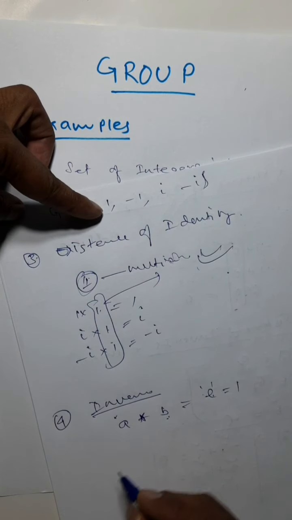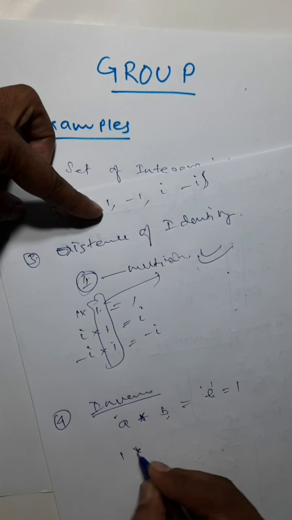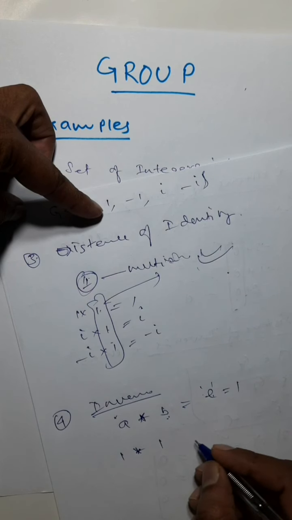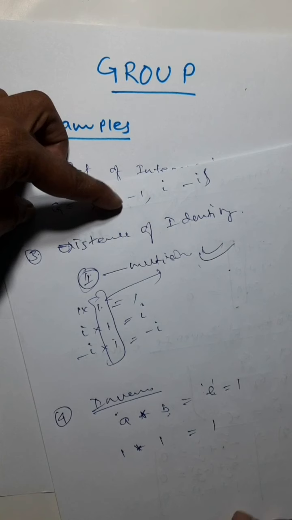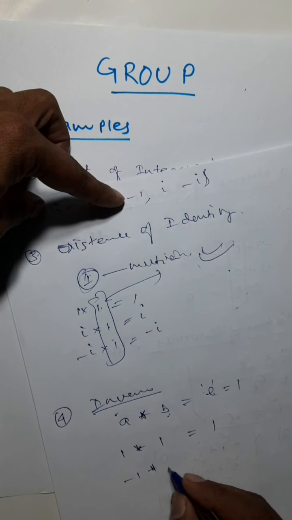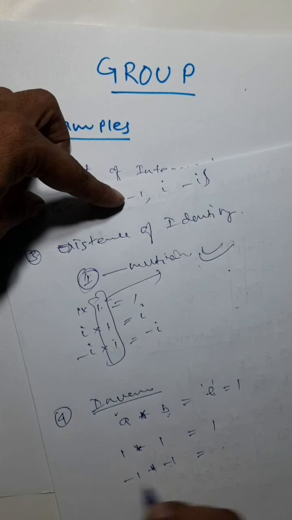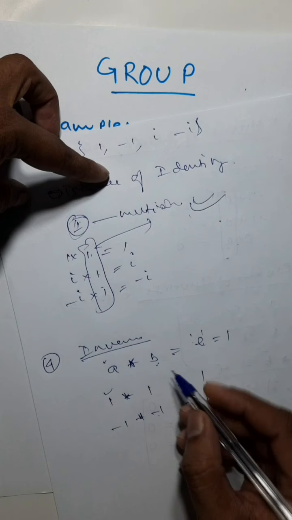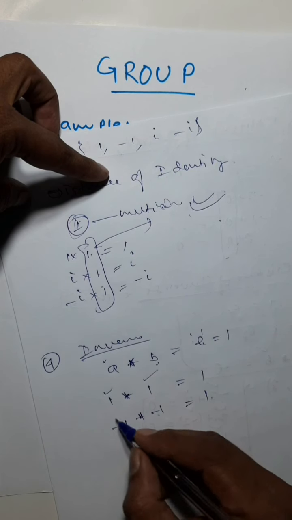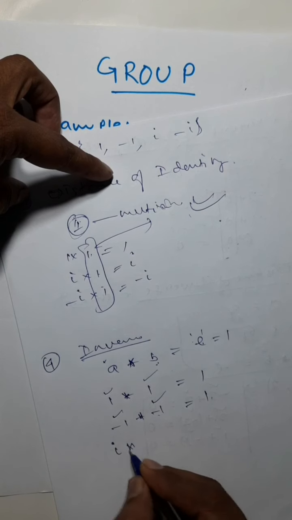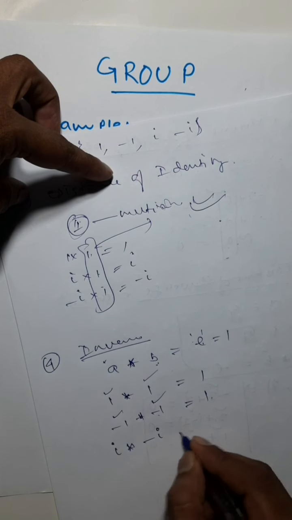So first I am considering 1 multiplied with 1. What are we having? The identity element 1. If you are considering another element -1 multiplied with -1, what are we having? Minus into minus is plus 1. So for 1, the inverse element is 1. For -1, the inverse element is -1. For I, multiplied with -I, what are we having?